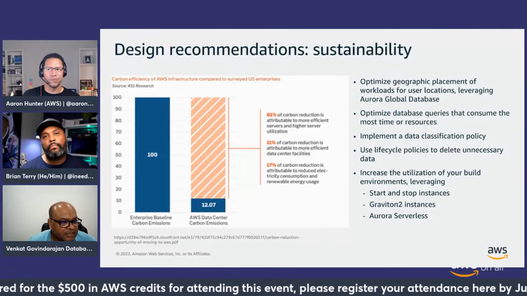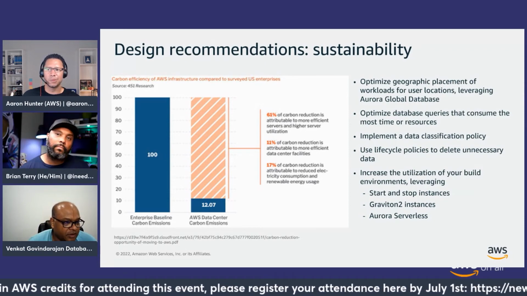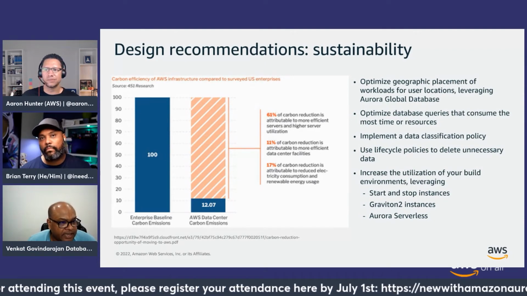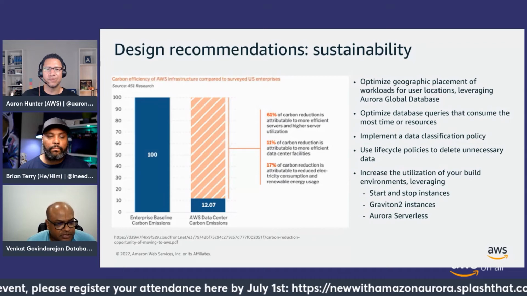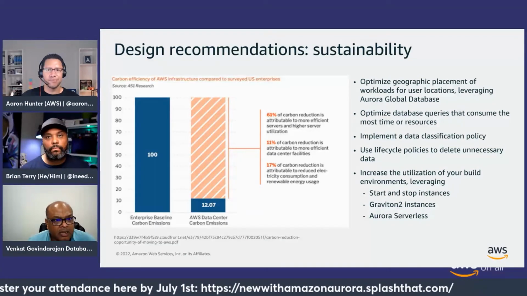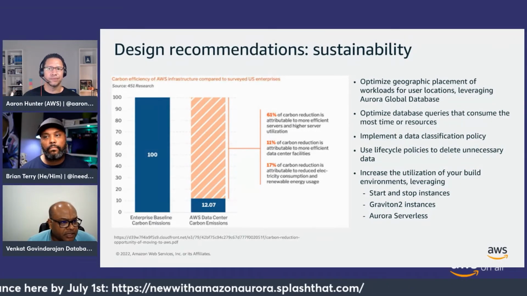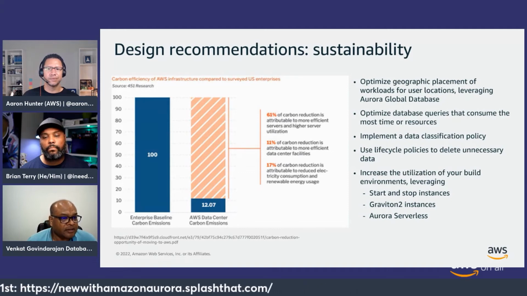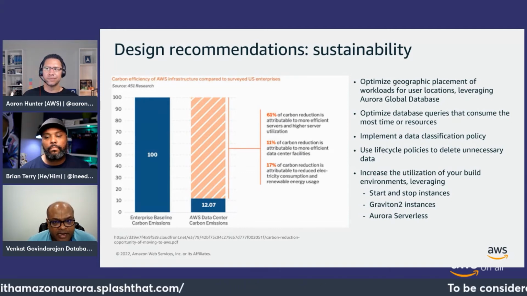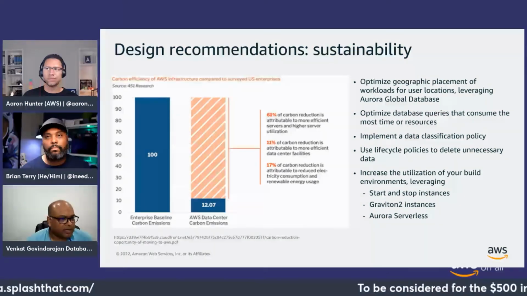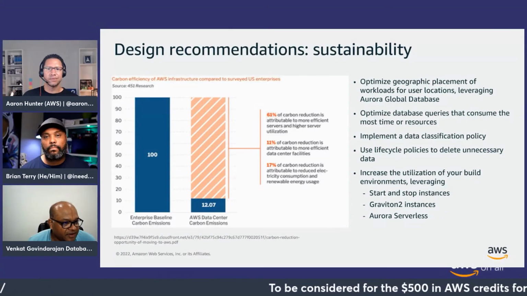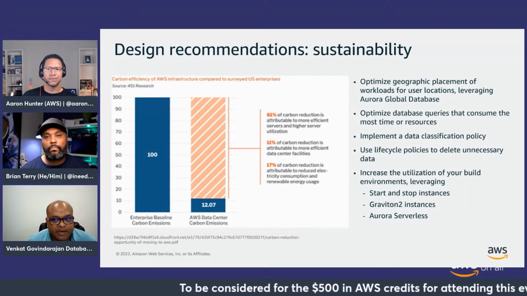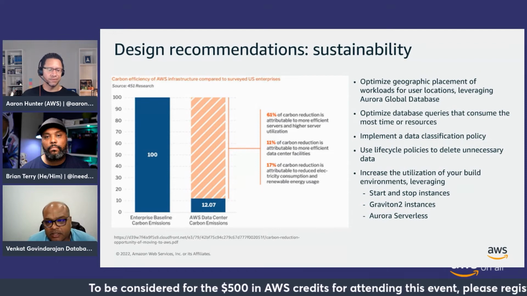Now, each region has its own quirks around the availability of resources and the energy value on that particular region, so the sustainability numbers might differ. Somebody asked me earlier, the cost is different, and the same applies to sustainability. This depends on the regions.